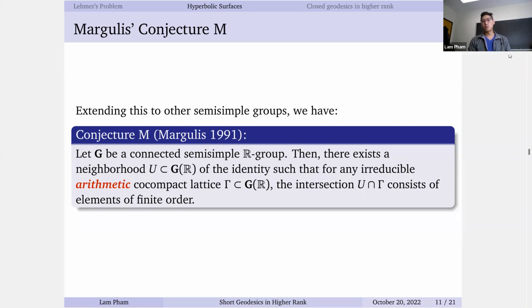So by replacing real rank at least 2 with arithmetic, we can include the case of SL2R, but of course, we also include other groups such as SO(n,1). But there is work that suggests that this is also true.